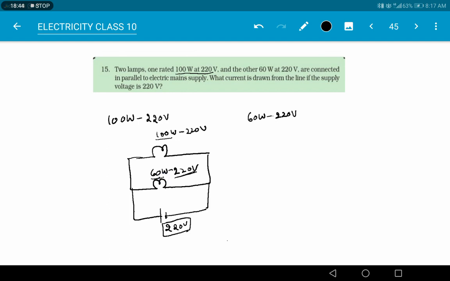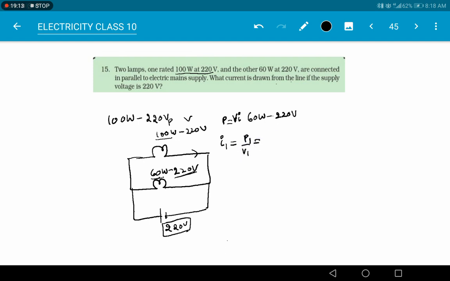Next, what current is drawn from the line if the voltage is 220? So current we can find directly. Here power is given, voltage is there. In this, how much current can be taken? I1 is equal to, we know the formula, power is equal to voltage into current, V into I. Therefore, I is equal to P1 by V1.